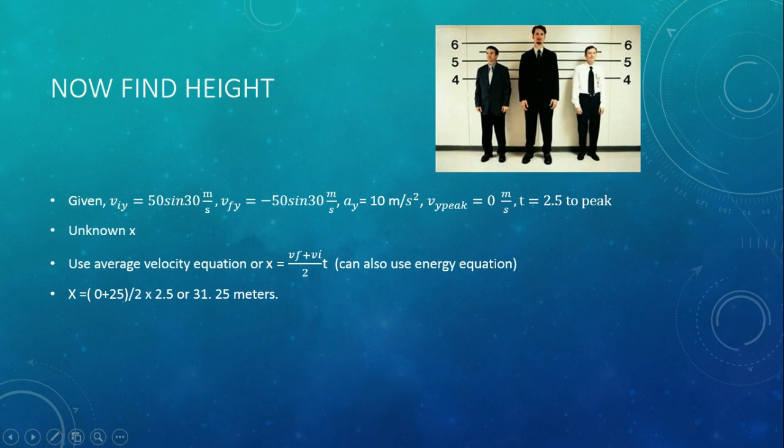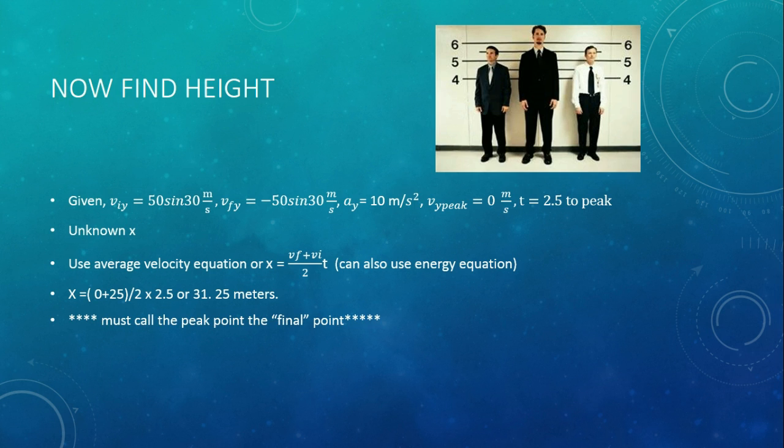And we get 31 and a quarter meters. So that is pretty tall. That's about 120 feet, or 90 feet, sorry. You just multiply meters by 3 to get about feet. So that's a pretty tall kick there. And it's always important that you must call the peak the final point in this case, because the peak is what you're trying to get to.